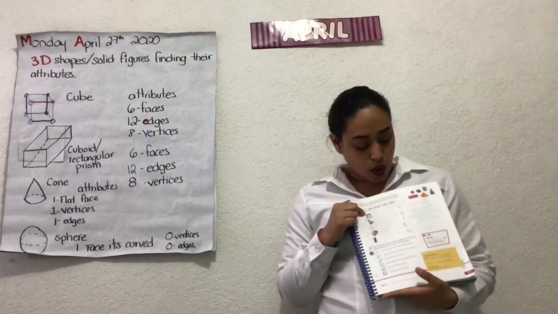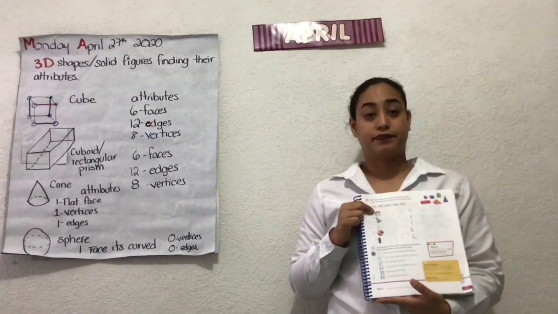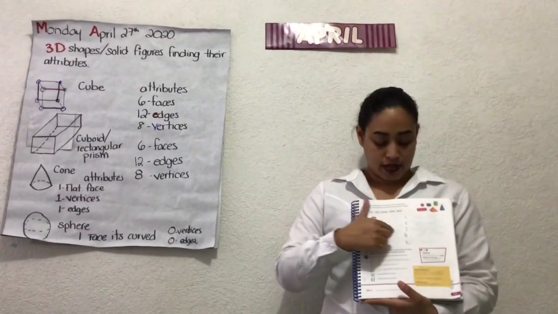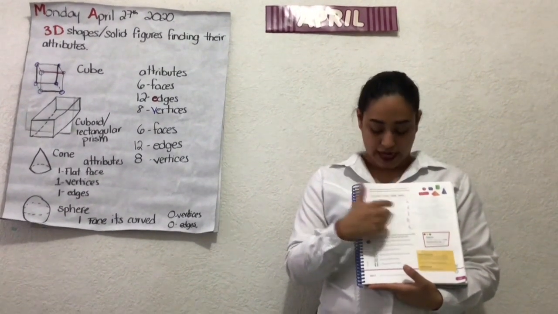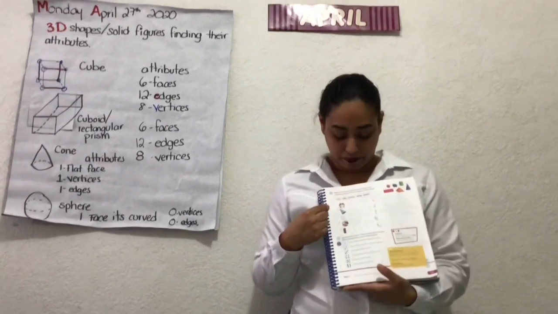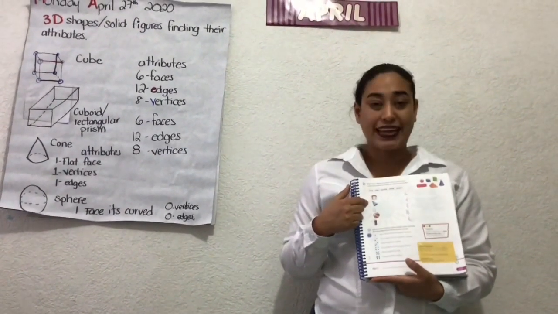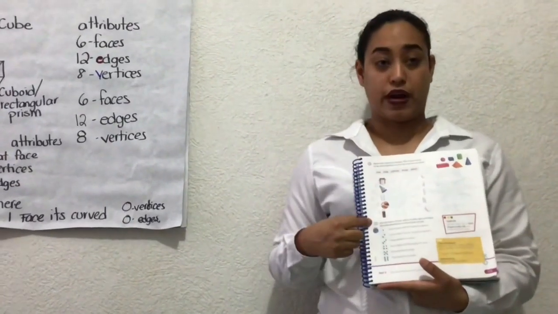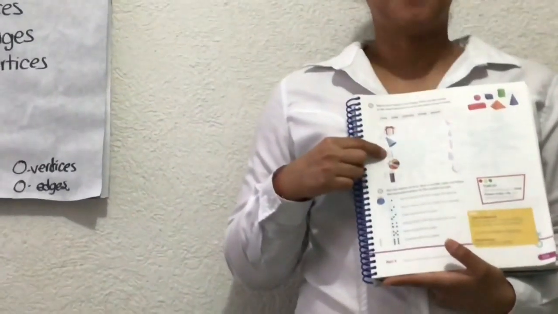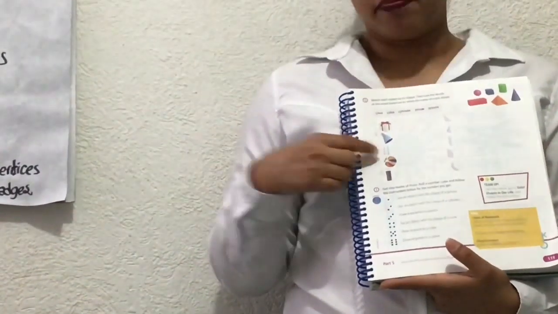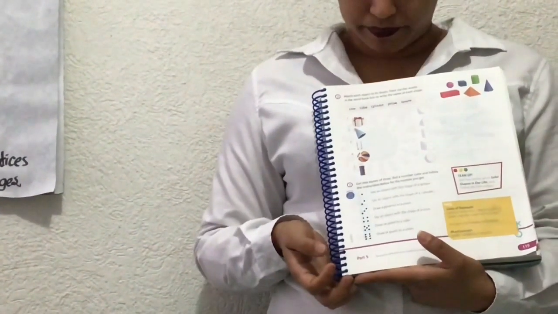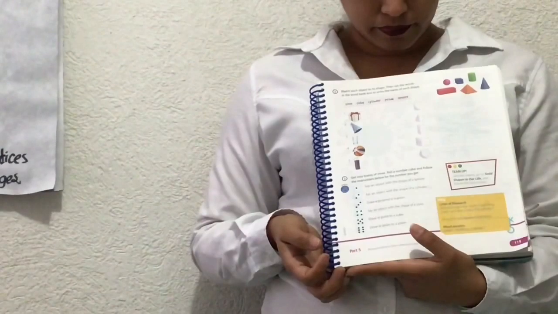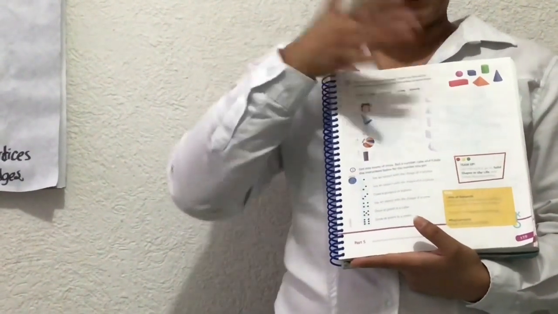So the present, what makes up a present? A cube, all right? So we're going to match present with cube. What makes up a party hat? A cone. You're very right. What makes up a glass of water? A glass, just any glass of water. A cup. You're right. It's made up by a cylinder.